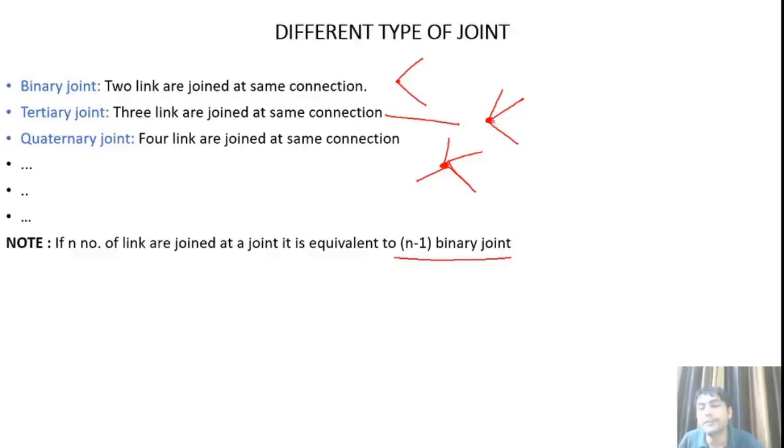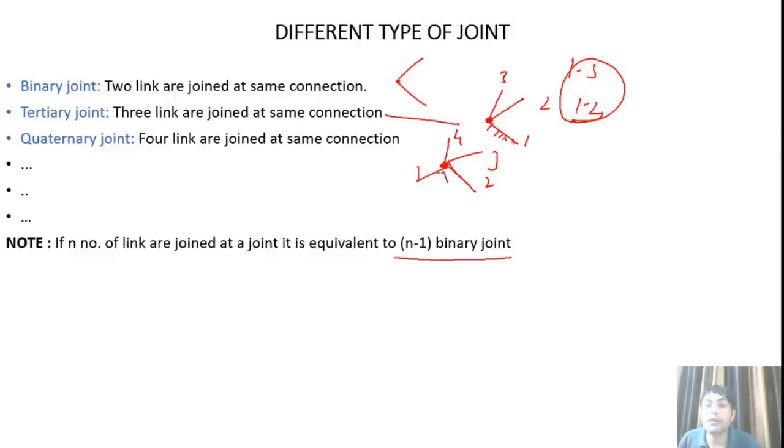If one link is fixed, say there are 3 links, 1, 2, 3, and link 1 is fixed, then it will make a binary pair between 1 and 3 and between 1 and 2, so 2 binary pairs. In the same way, let there be links 1, 2, 3, 4.